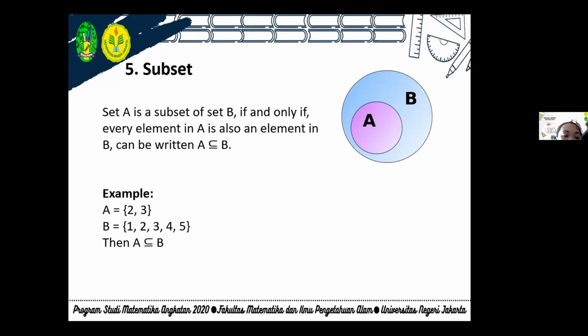Set A with the members 2 and 3, set B with the members 1, 2, 3, 4 and 5. Then A is a subset of B because B has all the members of set A.